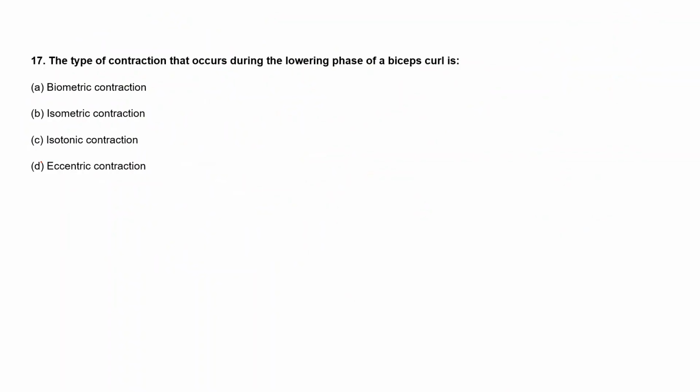Moving to the next question: the type of contraction that occurs during the lowering phase of the bicep curl is. Option A is isometric contraction, option B is isometric contraction, option C is isotonic contraction, option D is eccentric contraction.